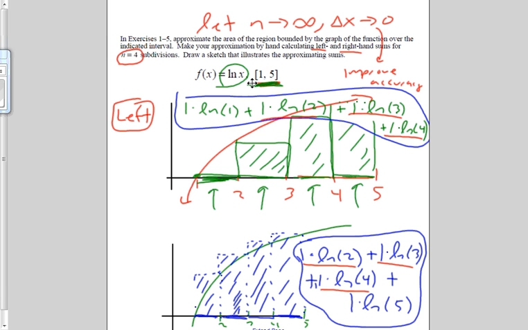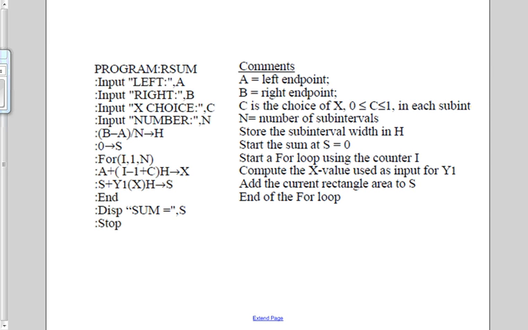So we're going to create a program right now that can do this work for us instantaneously. We're going to have to put in a little bit of effort to make the calculator program, but once we make it, it can almost instantaneously generate these approximations for us. So let's do that now. This only works for TI 83s and 84s. If you don't have one, sorry, I don't know what else to say.